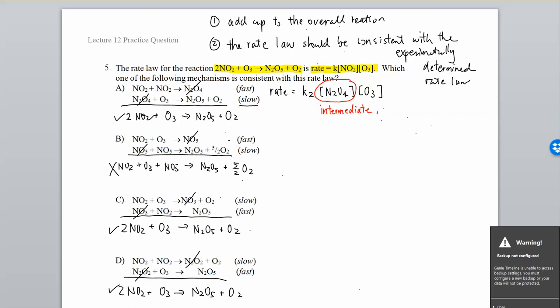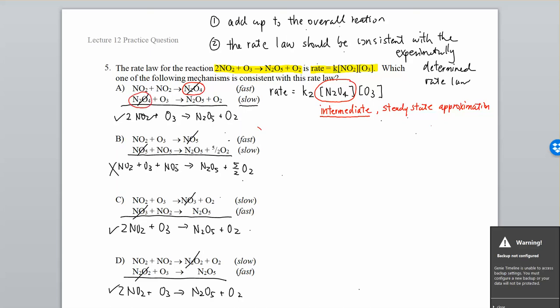So this is why I'm going to use the steady state approximation, so that I can express N2O4 in terms of other reactants whose concentrations can be more easily determined. It's quite challenging to figure out the concentration of an intermediate because, as you can see, an intermediate is produced in one step and used up in a subsequent step.